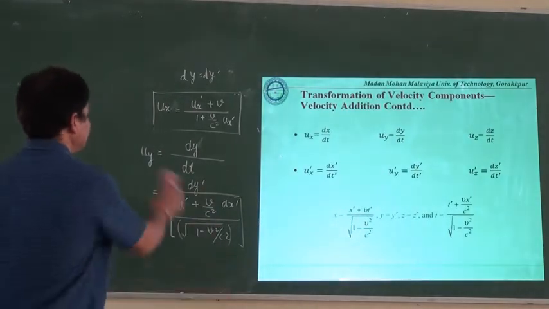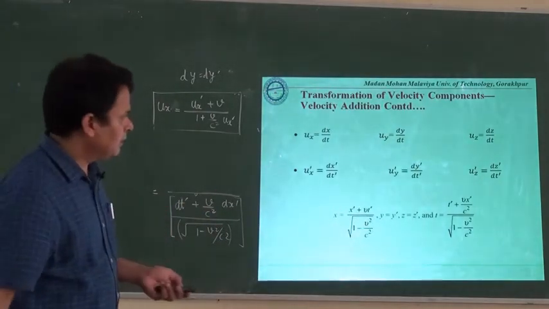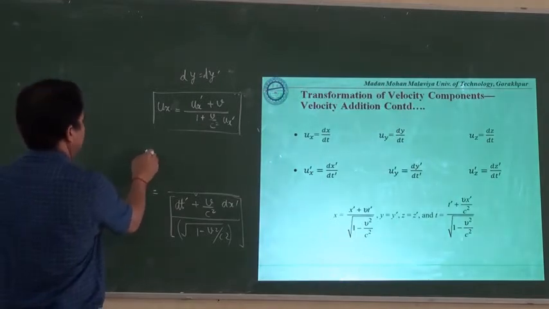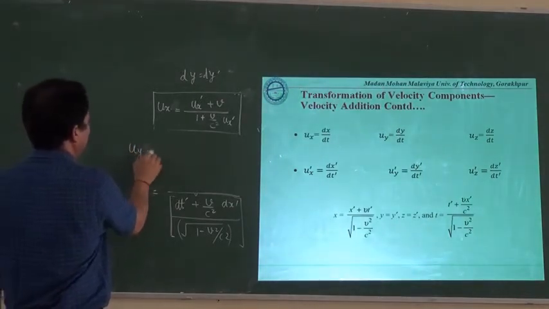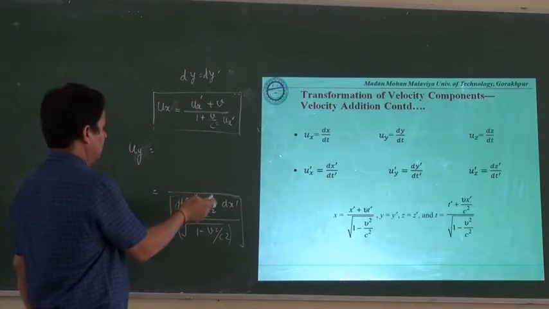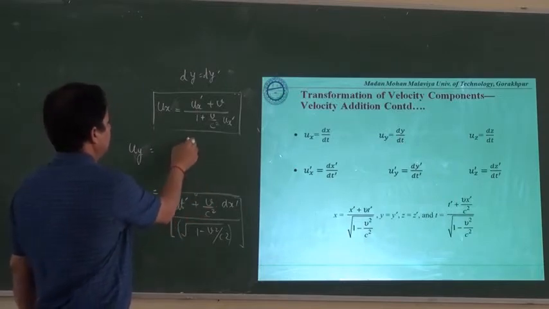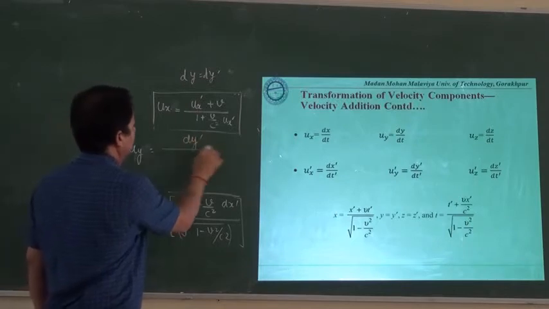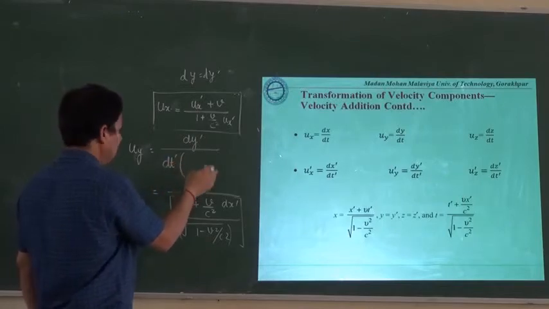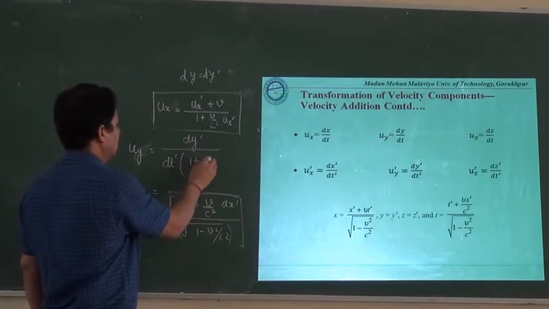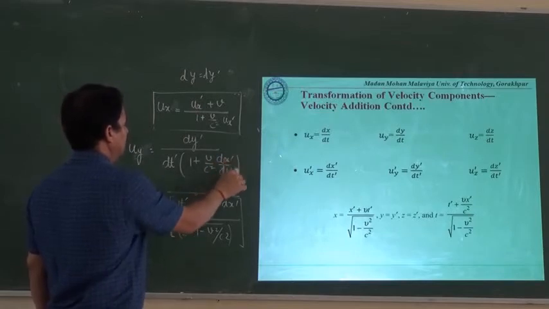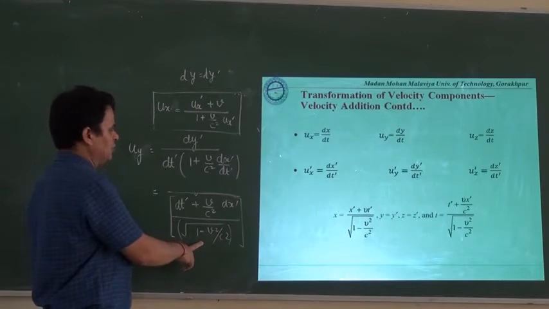For our convenience, we may write this factor as k. So uy will be equal to dy dash divided by dt dash as common, then we have 1 plus v upon c square times dx dash upon dt dash, and here the denominator is under root 1 minus v square upon c square.